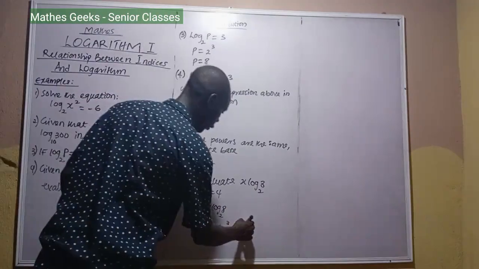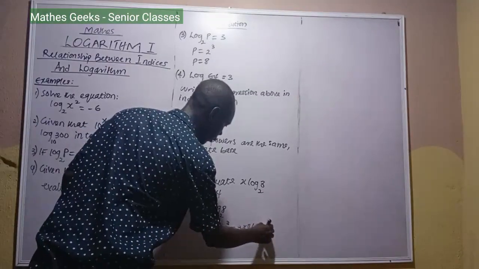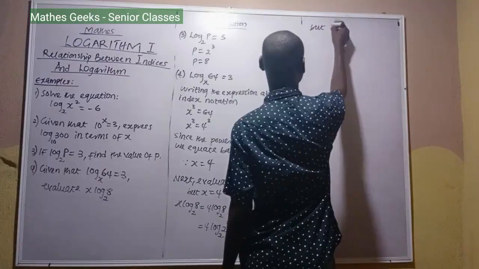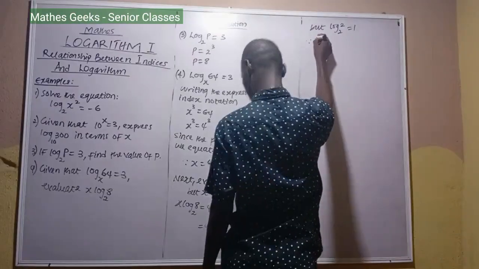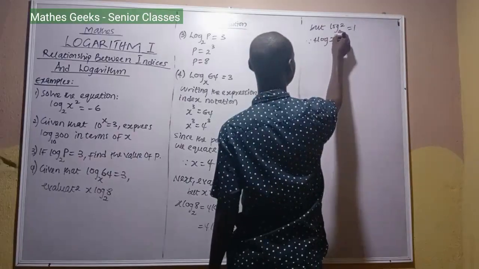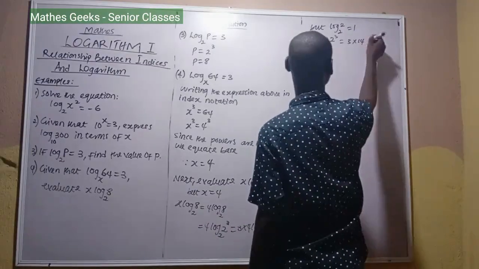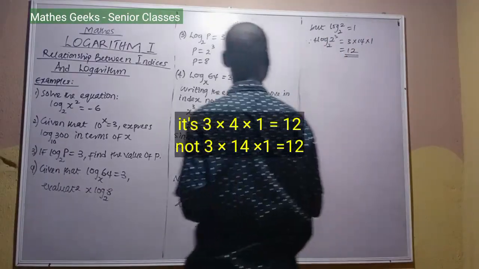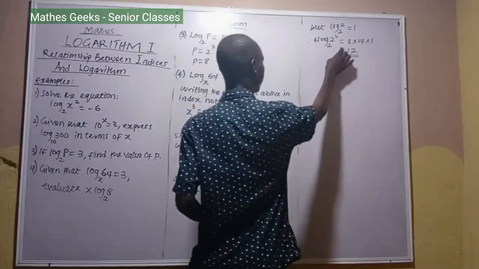And this will give us 3 times 4 log 2 to the base 2. But log 2 to the base 2 is equal to 1. Therefore 4 log 2 raised to the power 3 to the base 2 is equal to 3 times 4 times 1. And 3 times 4 is what? 12. That's the answer. The final answer is 12.